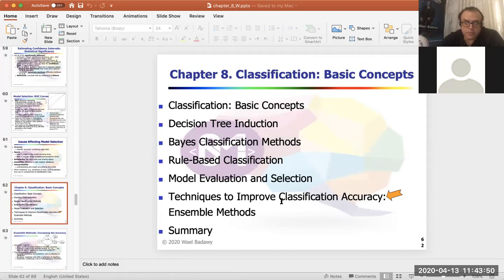So at this point, we can talk about basic concepts, where we covered two things: classifiers and clustering techniques. We talked about decision trees. We talked about probability Bayesian classifier methods. We talked about rule-based classifiers. And then we come back to model evaluation and selection. So which one of these models will I use? As you may notice, from the decision tree, we build rules. And using the same tables, we build Bayesian classifiers.